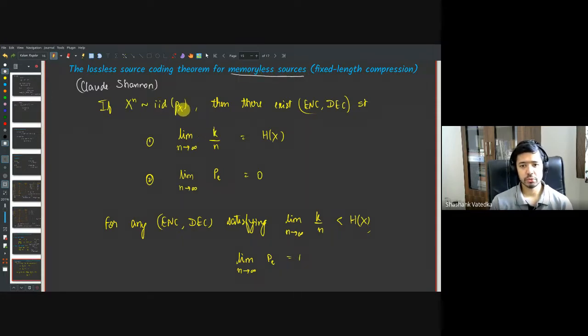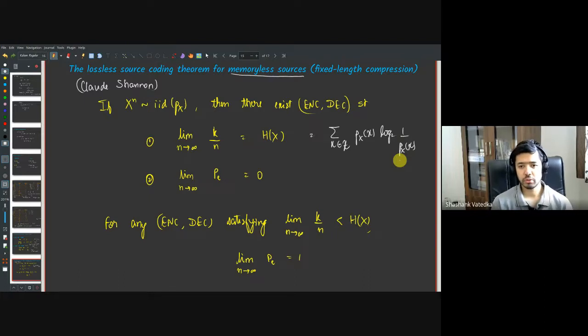So for memoryless sources, it is possible to construct compression and decompression algorithms, or encoders and decoders, for which, of course, the probability of error should tend to 0 as n tends to infinity, but the rate as n tends to infinity is close to the entropy of the source, log 1 over p_X of x.